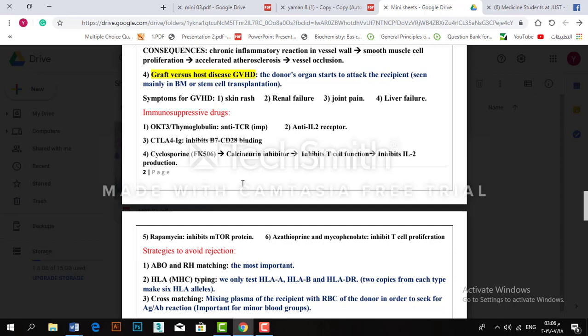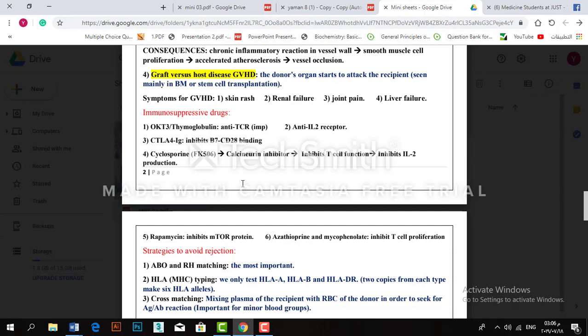Now focus with me. When CD28 binds with B7, this will activate the T cell. So I need something that binds with B7 and blocks the binding of B7 with CD28, which is CTLA4 immunoglobulin.